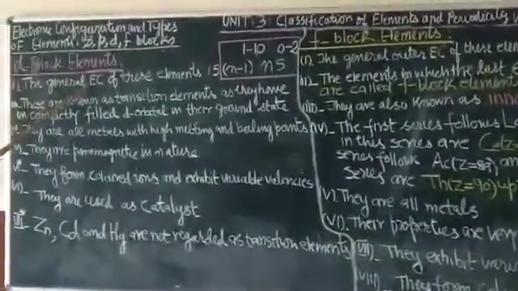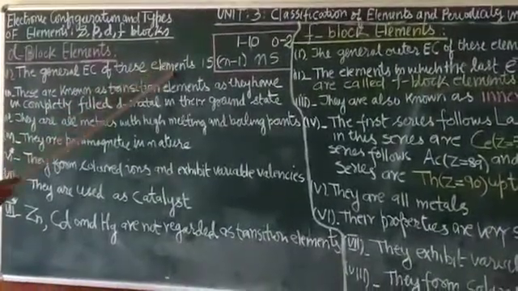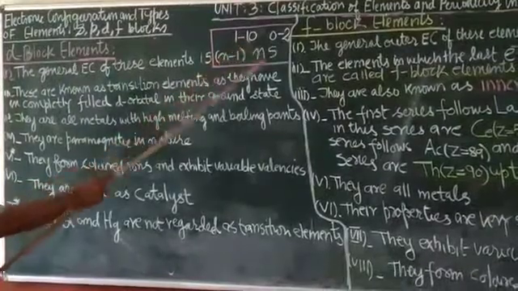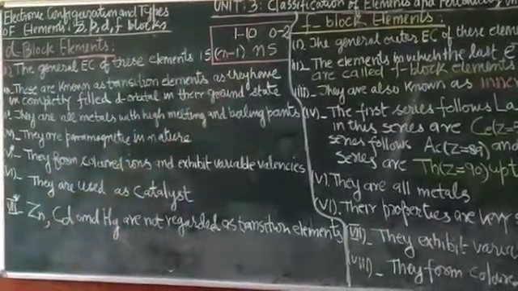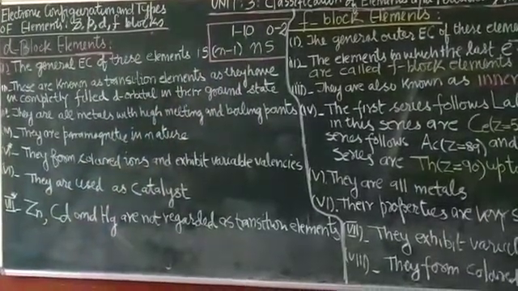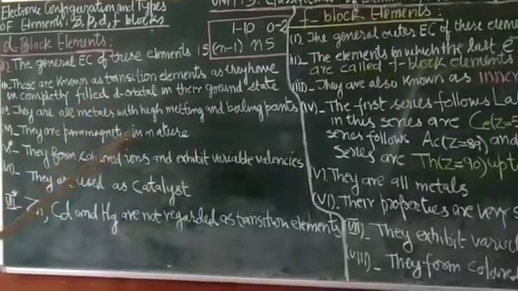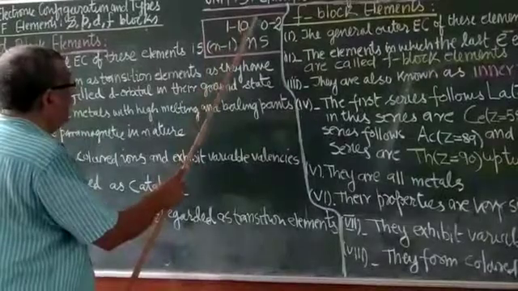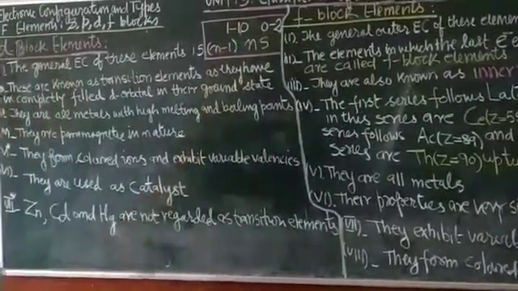What is the first one? The general electronic configuration of these elements is (n-1)d 1 to 10, ns 0 to 2. That is, the d orbital is filled from 1 to 10 and s is completely filled.